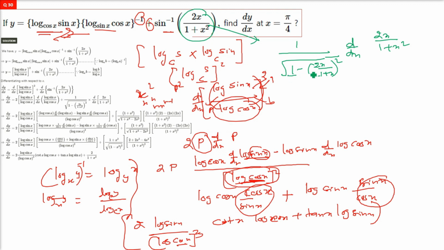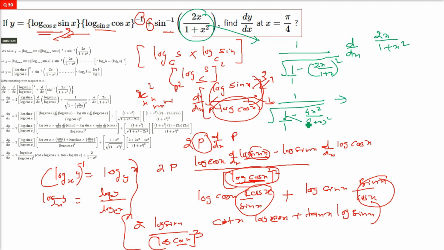So this is going to be, see, it is basically 1 minus 4x square by 1 plus x square. So let me write it here, 1 by under root, first let us square it, 1 minus 4x square by 1 plus x square whole square.